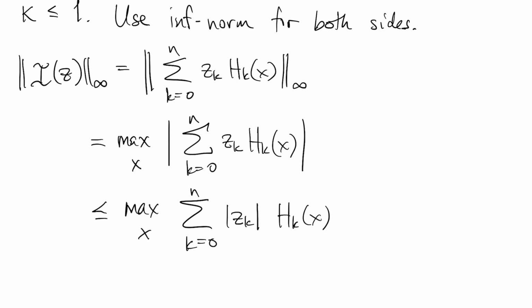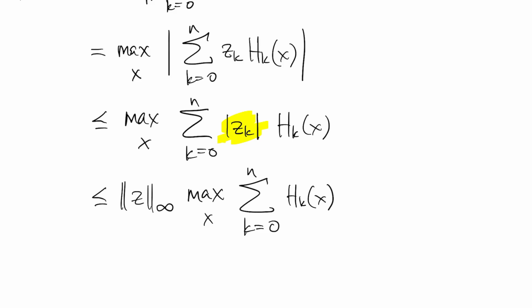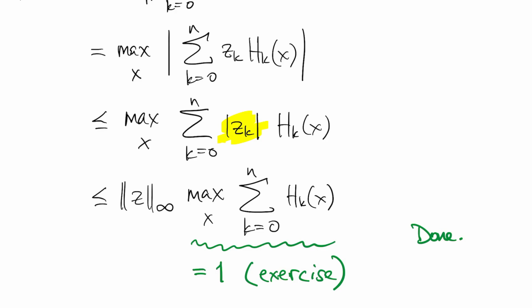But when we look at the absolute value of the zk's, each one is less than or equal to the maximum of all of them, and that's the infinity norm of z. So if we replace them all by the infinity norm of z, the thing can only get bigger. Now this remaining sum, there's an exercise in the book to show that that sum is equal to 1 for all values of x.